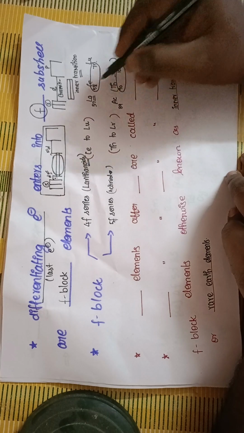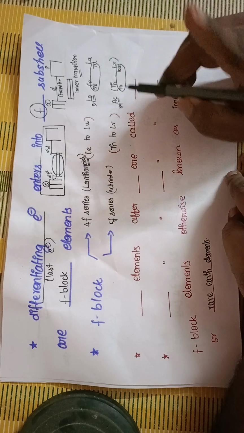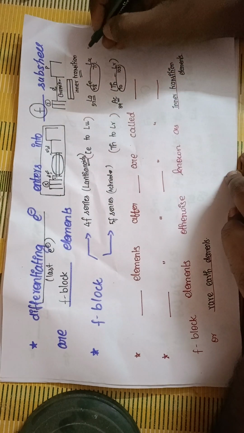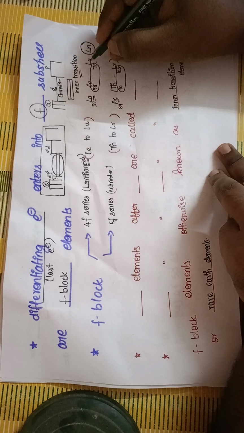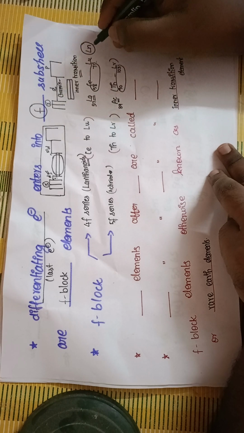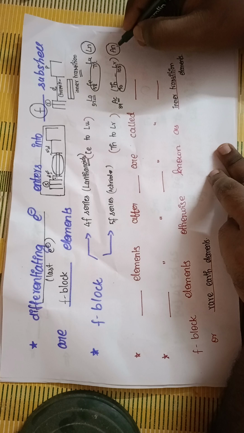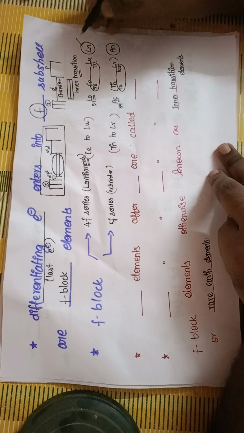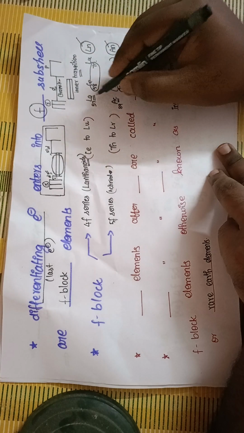La is the symbol of lanthanum, Ac is the symbol of actinium. This La is a particular element, it's not a group of elements. Ln indicates the 14 elements; this Ln indicates the group of elements, lanthanides. An represents actinides, a group of elements. Ln is lanthanide, not a single element. An is not a single element, but La and Ac are single elements.